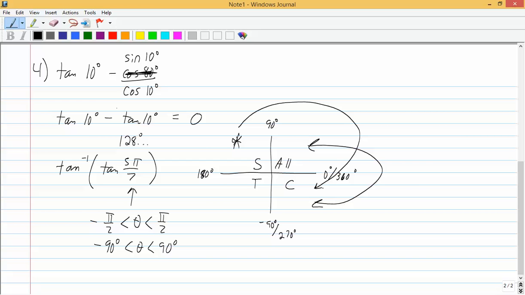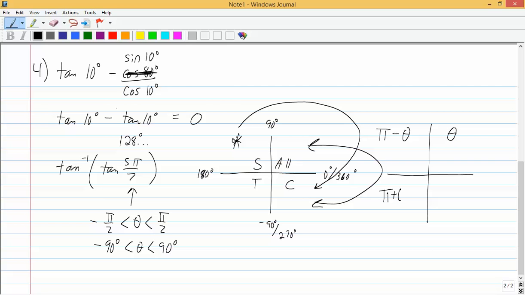The easiest way is probably not the way we're going to do it, but I can tell you the easiest way in just a second. But the way that we learned is by reference angles. So this angle over here is pi minus theta. This is theta.